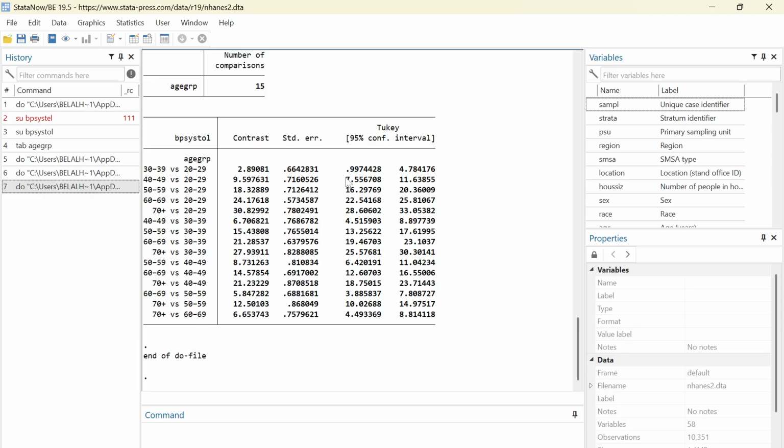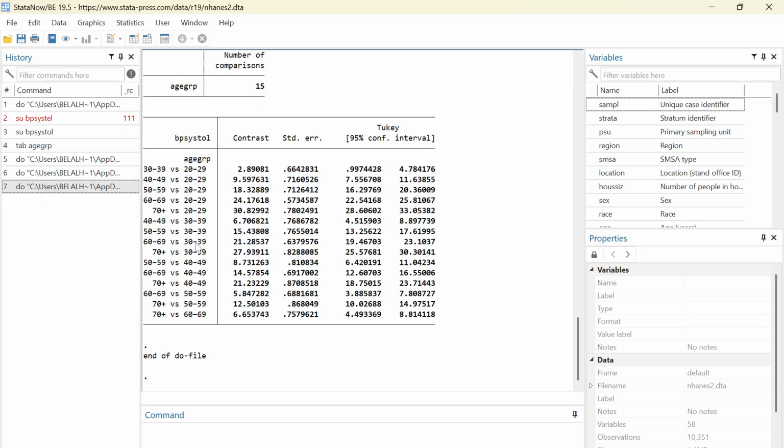Looking at this column, none of these intervals include any zero, not the lower limit and not the upper limit. So we conclude that all these comparison groups are significantly different from each other, and that each group has a significantly different mean systolic blood pressure than the other groups. That's all for the Tukey comparison test.